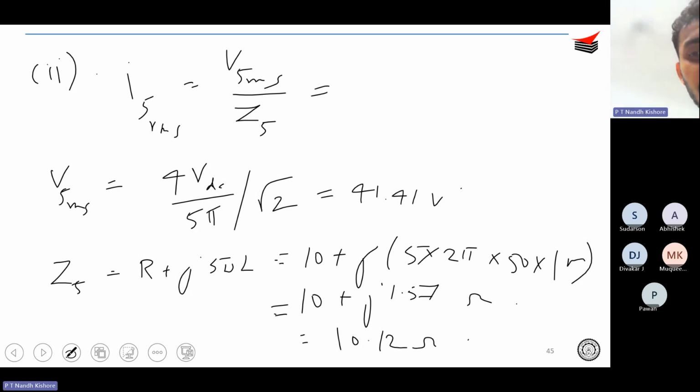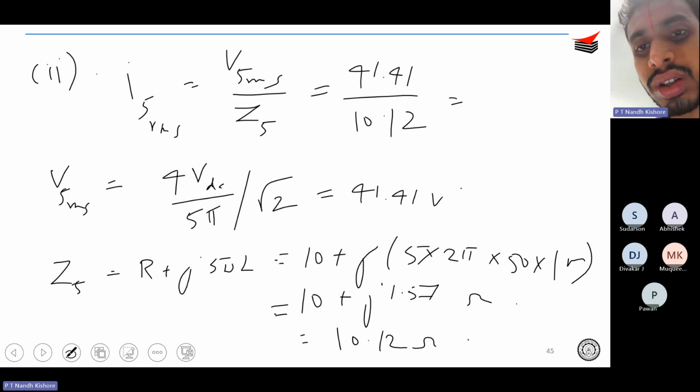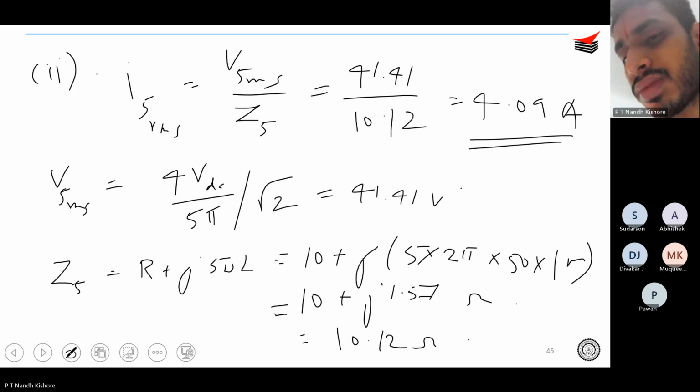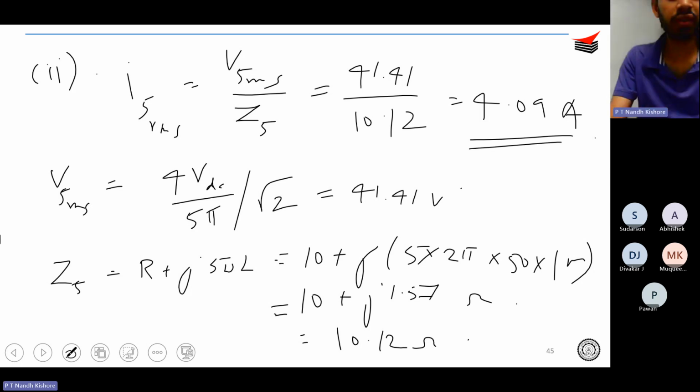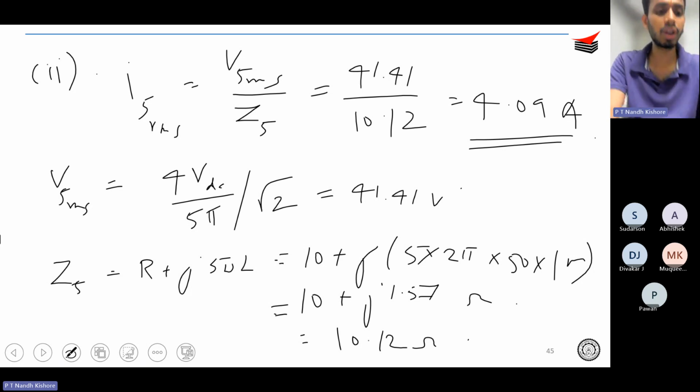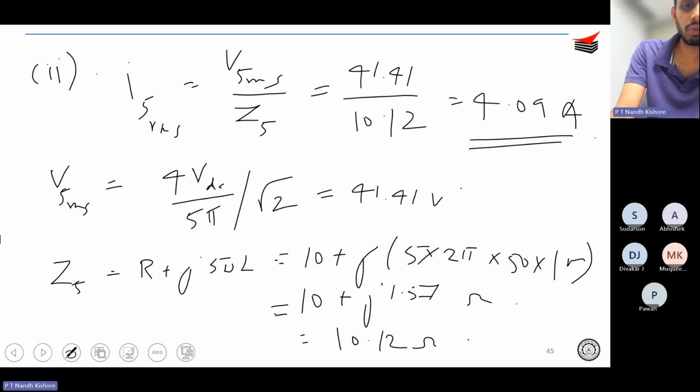So just substitute over here, 41.41 divided by 10.12. What is that? You should get 4.09. Okay. Got this question? VRMS divided by Zn. Use that always. Don't just use Z. Or else it's just Fourier series and basic network theory stuff, right?